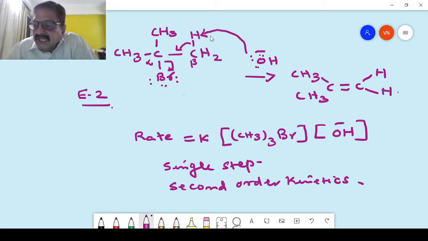Okay, so in the case of a substitution reaction, we have drawn energy diagrams. In the same way, we can draw an energy diagram for this reaction.